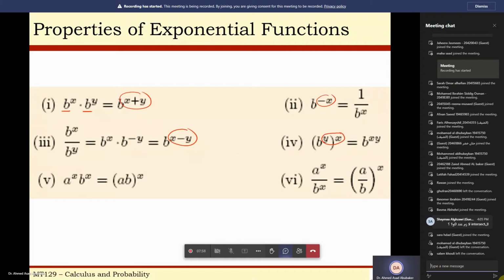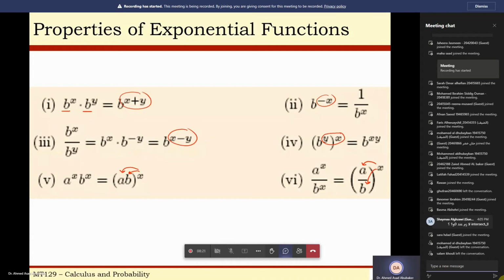Now we can also distribute the exponent x over a and b in the case of multiplication or division. We can distribute the exponent if we have brackets all to the power x, for example, in a multiplication.